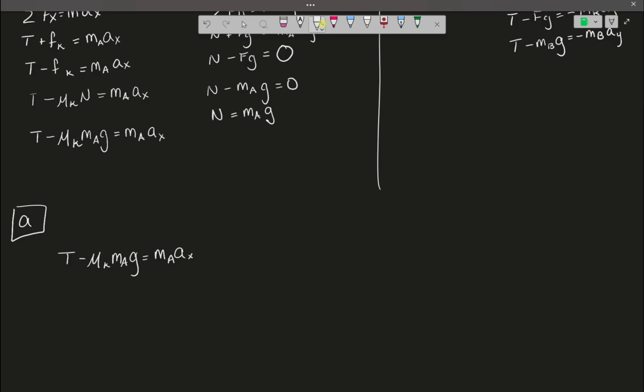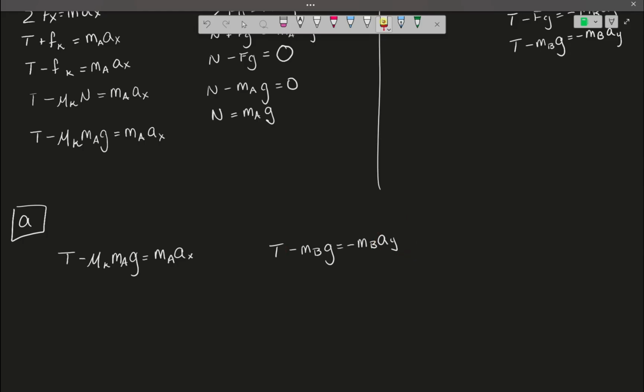And then I also have an equation here that says the tension minus the mass of block B times g is equal to negative mass of block B times the acceleration in the y direction. I cannot just solve one of these equations for acceleration because I don't know what tension is and I don't know what the acceleration is, meaning that I have two unknowns, and the same thing for the equation that describes the motion of block B.